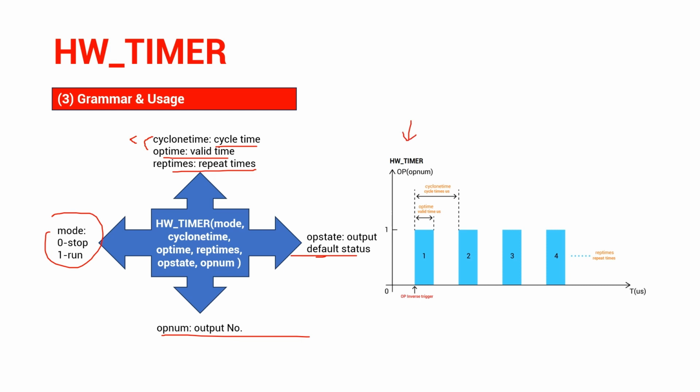The right shows the HW timer's working principle. Its trigger condition is OP state. When the OP becomes the state that is opposite to OP state, the instruction can be triggered to start timing. Next, it outputs according to the configured parameters. The repeat times depend on this.